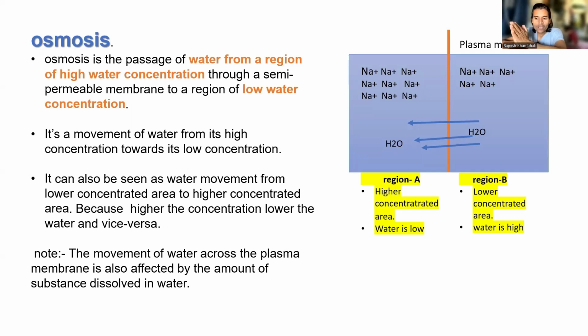Osmosis means when you are surrounded by water, water enters inside the cell, from its higher concentration to its lower concentration. Or the second definition: water will move from the lower concentrated area to the higher concentrated area.